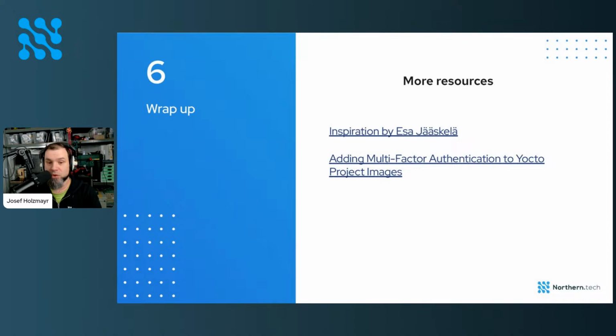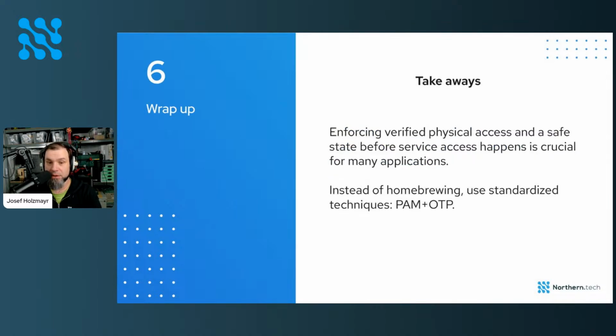Besides that, what should you take away here? If you have a device that can harm things and or people, ensuring the safe state is crucial. And how do you usually do this? By physically accessing the device.